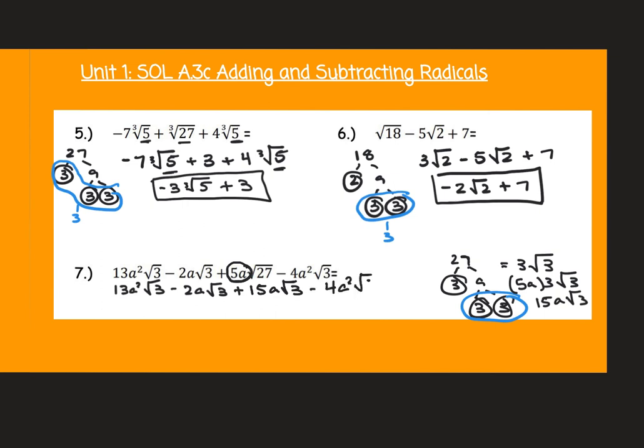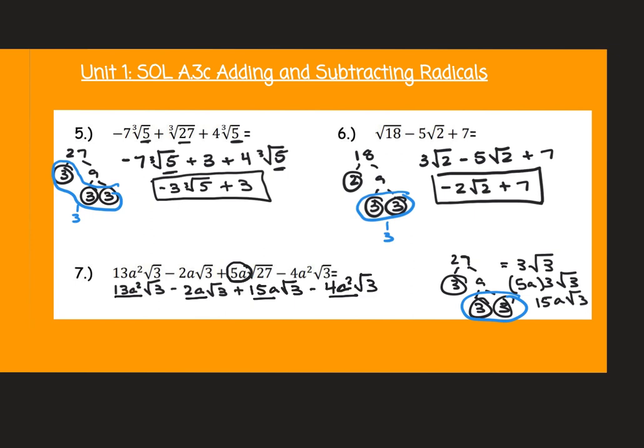Here, even though all of my terms have a radicand of 3, I have to pay attention to what's on the outside. Here you see I have 13a squared, a negative 2a, 15a, and a negative 4a squared. So remember, we're still going back to combining like terms. My a and my a squared can't be combined.